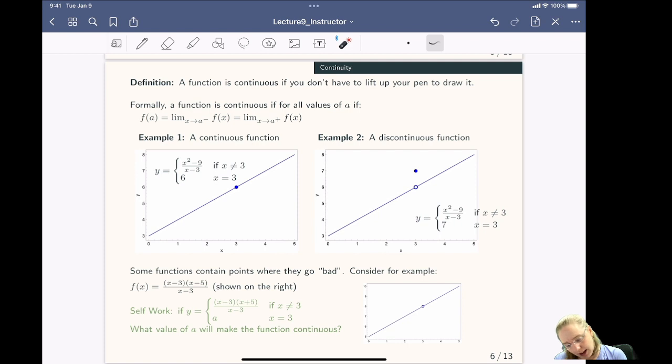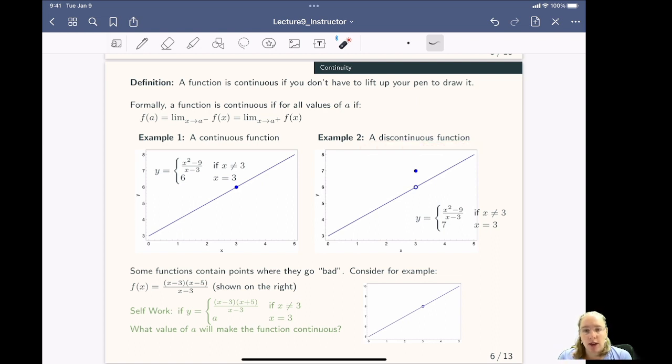Let's suppose instead that we use the same function for everything except x equals 3, except when we get to exactly x equals 3, we jump up to 7. In this case, we have to pick up our pen in order to draw this function. So this curve over here is continuous, whereas this over here is a discontinuous curve.